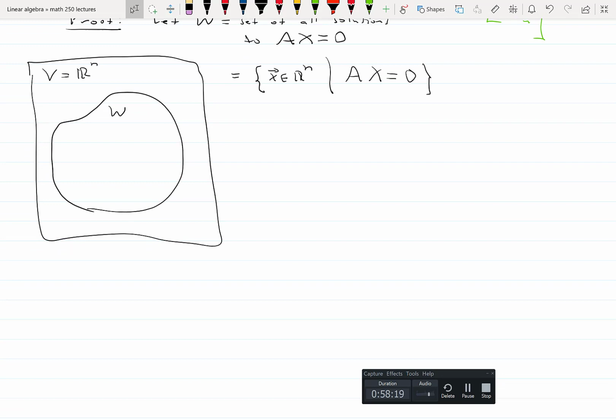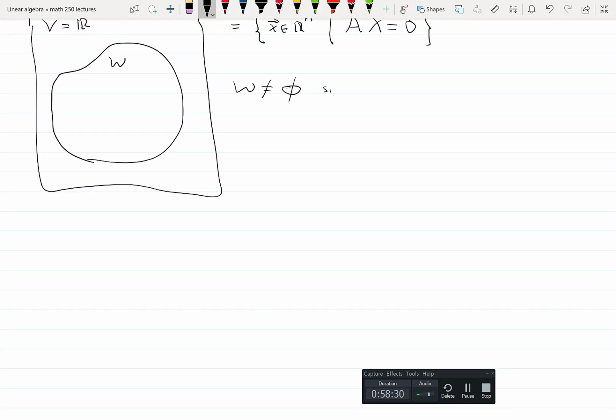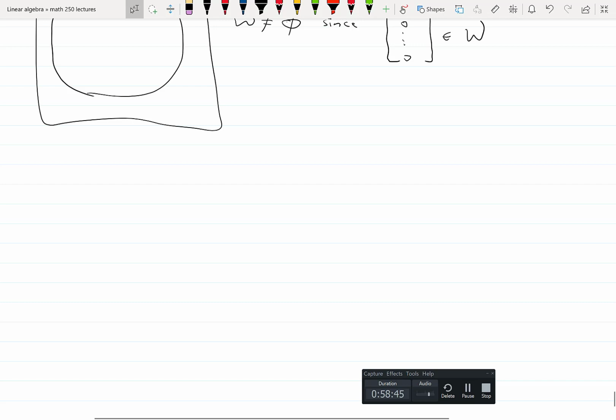No, I'm not saying that right. Let's just do it. W is not empty since the vector 0, 0, ..., 0 with n entries is in W. Why?